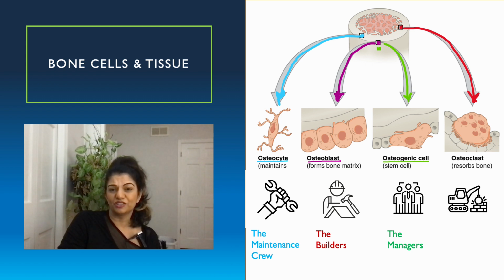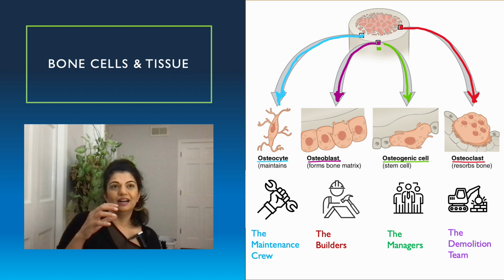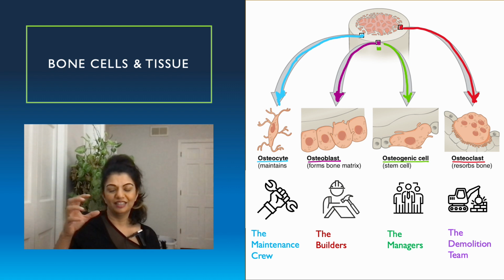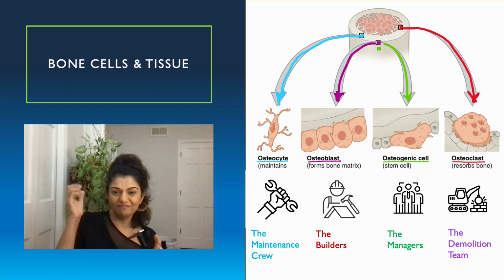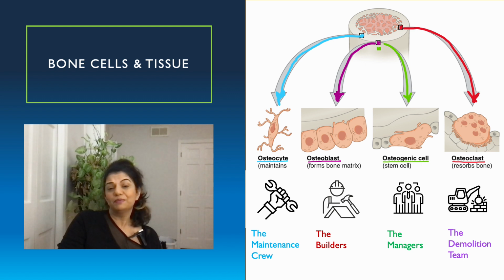Lastly, we've got osteoclasts, which is the red arrow. Osteoclasts are your demolition team, and I think of them as chomping or chipping away at things. They're demolishing things because every city needs renovations, just like bone.